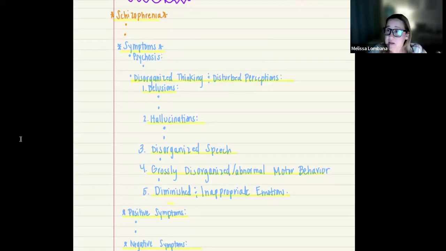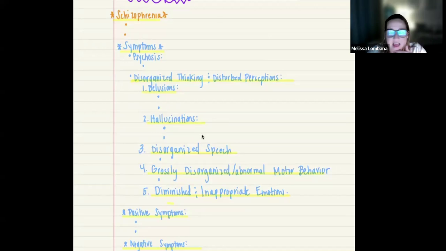So sometimes, typically in schizophrenia, the hallucination is auditory. So they hear things, they hear voices. They could be seeing things, right, that are not really there. So they can experience that, but they could also experience touch, and they feel things on their skin even though it may not be there. Okay, so just keep that in mind for what is hallucination.